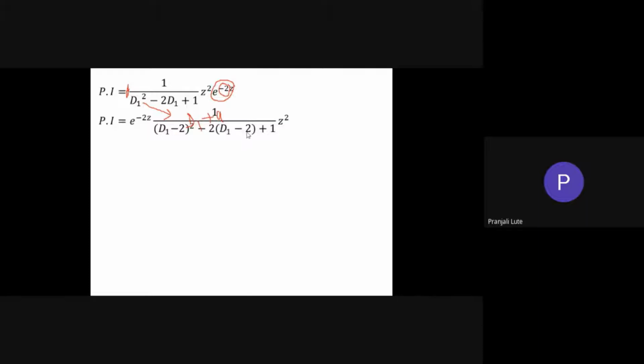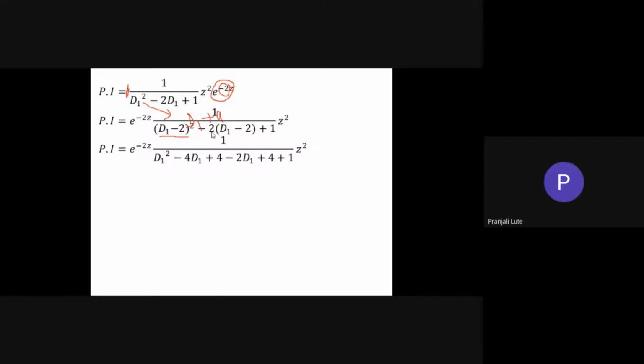So first of all, we have to simplify this denominator. Here we have to apply the formula (a minus b) whole square, a square minus twice ab plus b square. So we simplify this denominator: a square means D1 square, minus twice ab means 4D1, plus b square means 4, minus 2D1 minus 2 into minus 2 plus 4, plus 1, into z square.